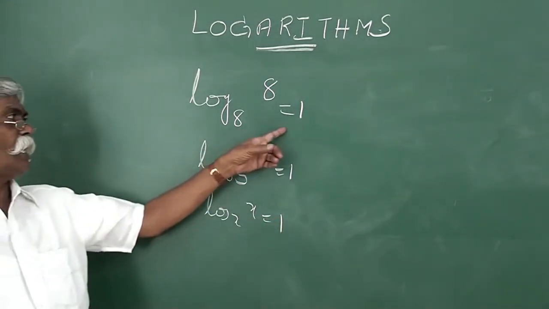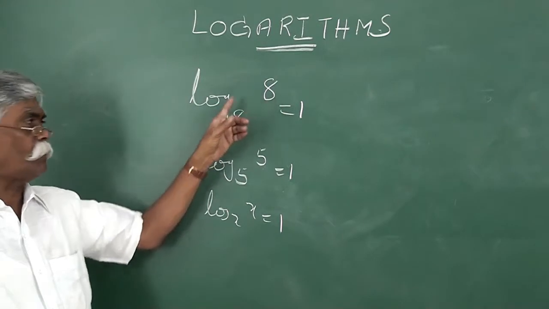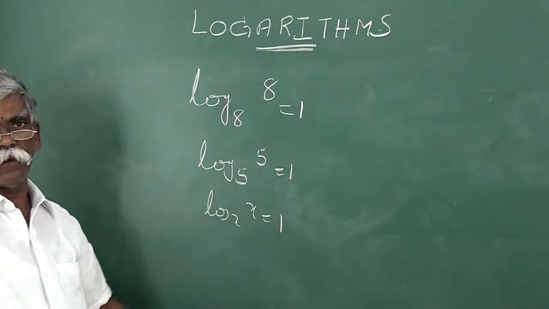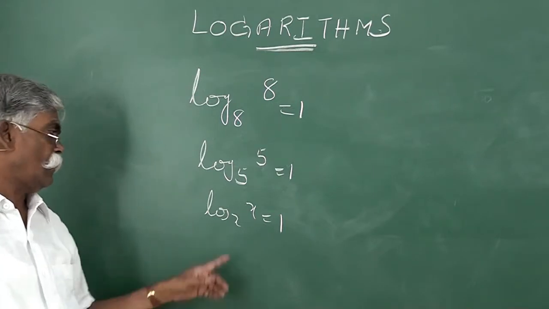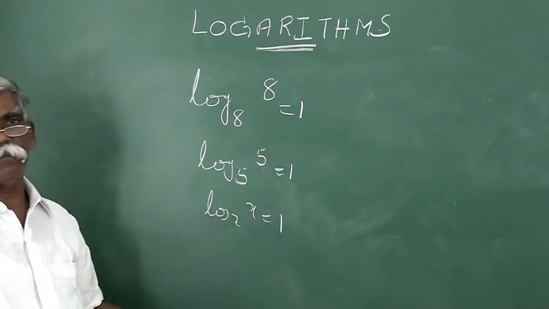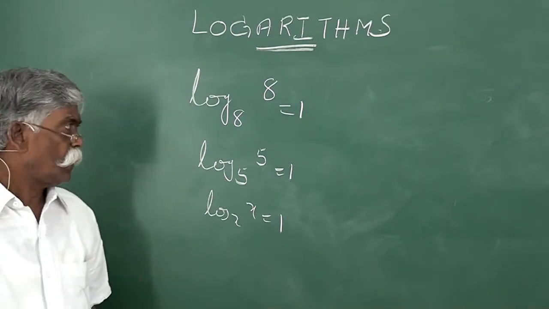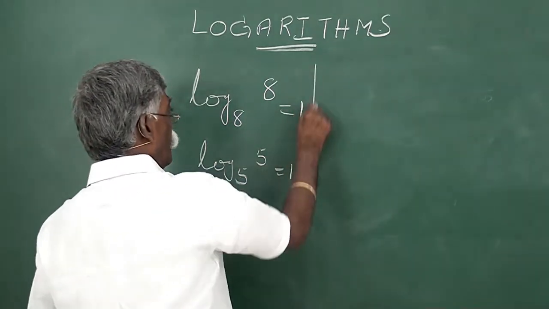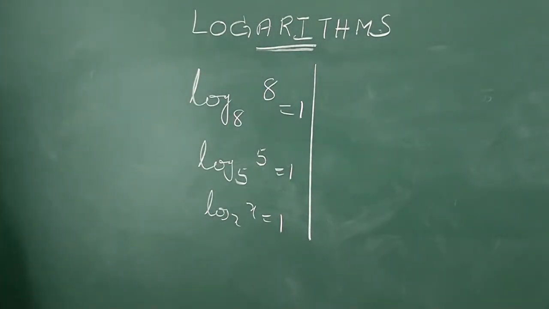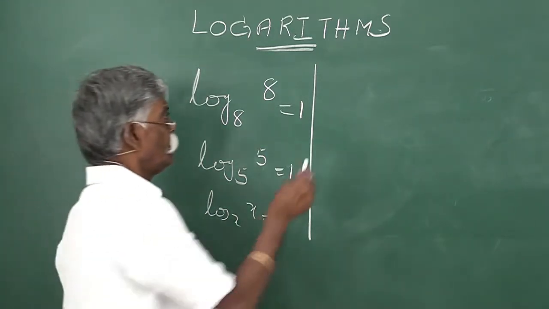So 8 power 1 is 8, therefore log 8 to the base 8 is 1. 5 power 1 is 5, therefore log 5 to the base 5 is 1. x power 1 is x, therefore log x to the base x is 1. So with all this, we can conclude that logarithm of any number to the base itself is always unity.